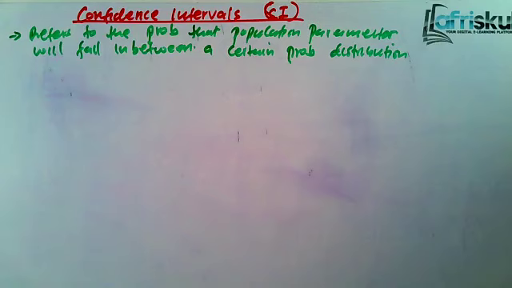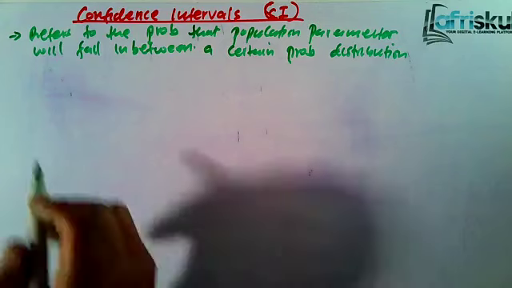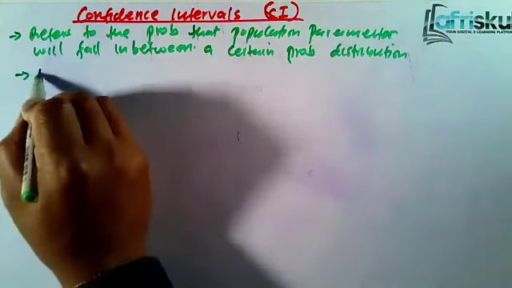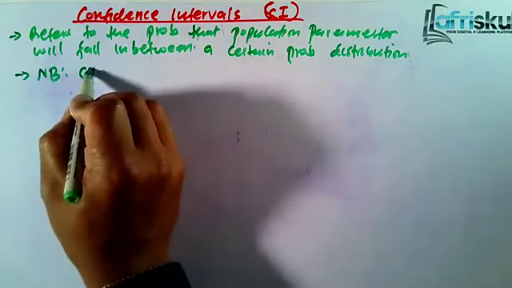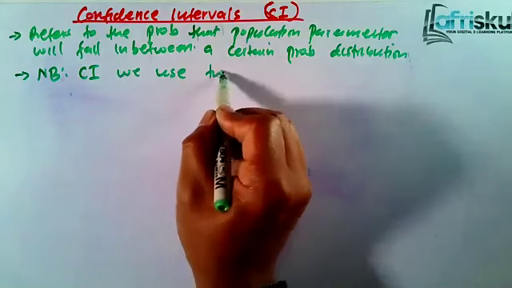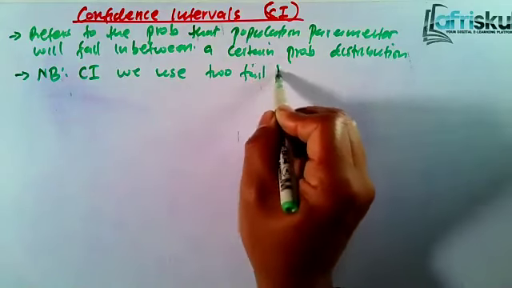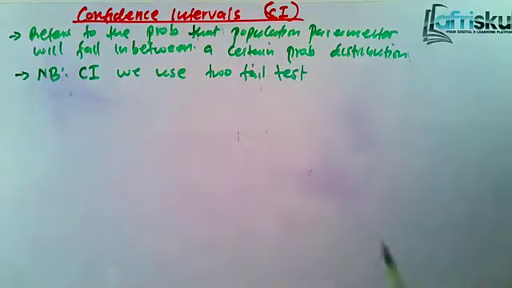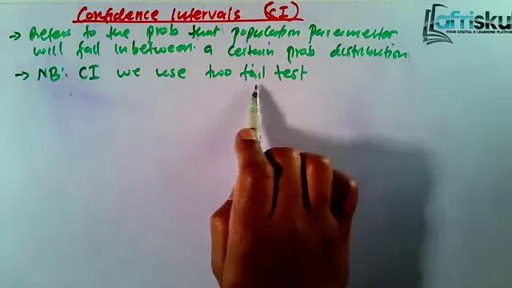And how do we get the confidence interval? Before that, note as an NB that for confidence interval, we use a two-tail test. Remember we have seen two types of tests: a one-tail test and a two-tail test. For the confidence interval, we will always use a two-tail test.